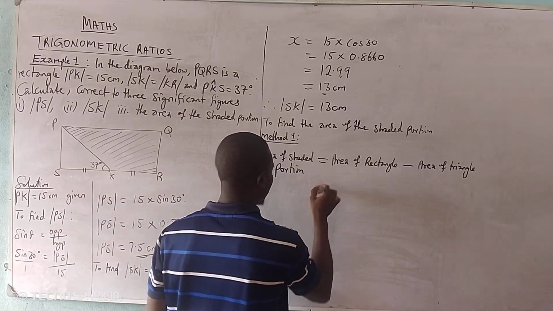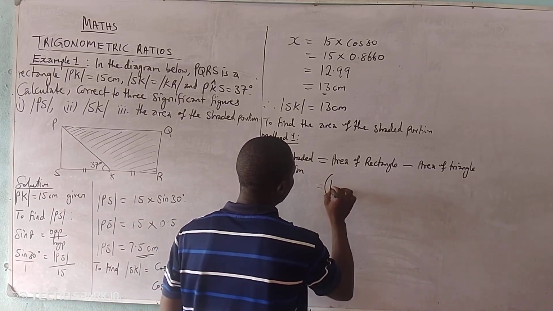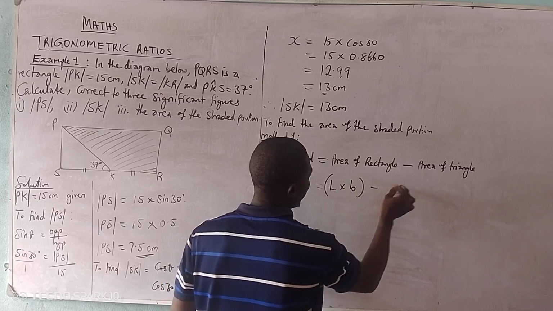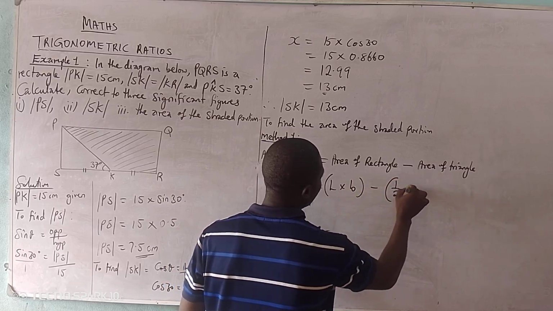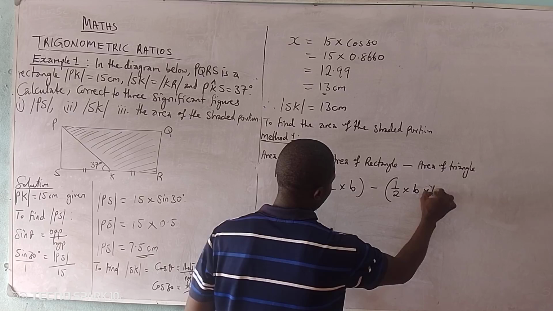So it's equal to, area of rectangle, which is length times breadth, minus 1/2 times base times height.